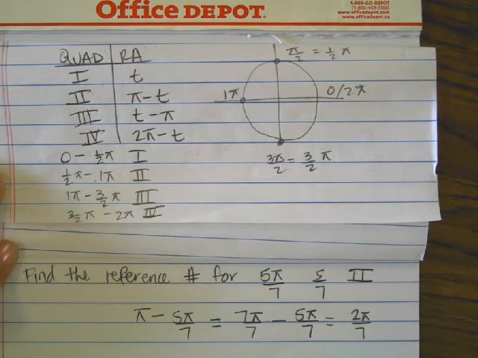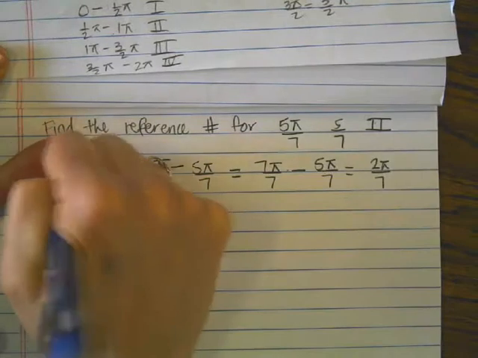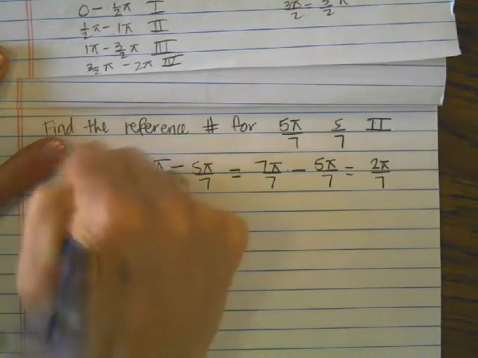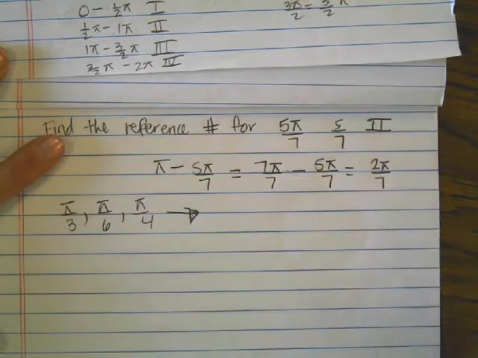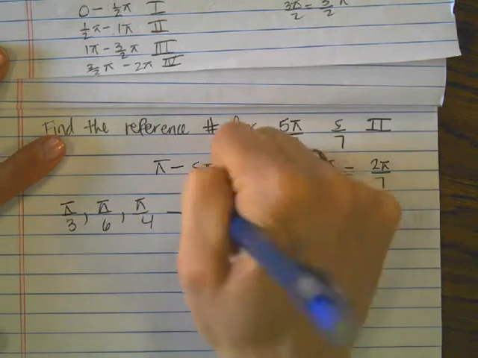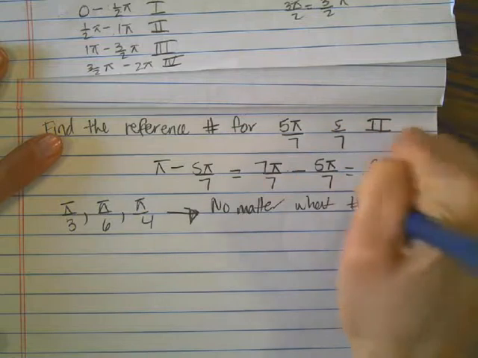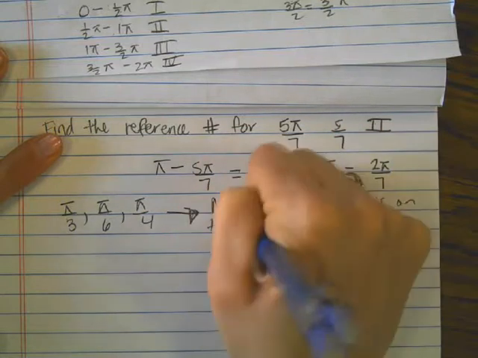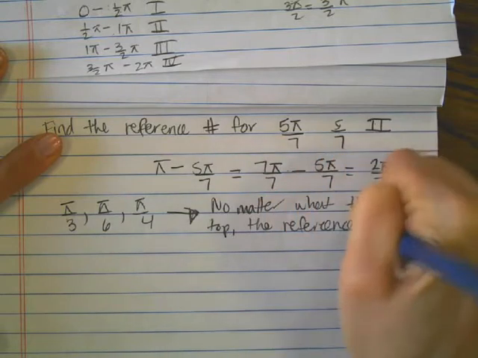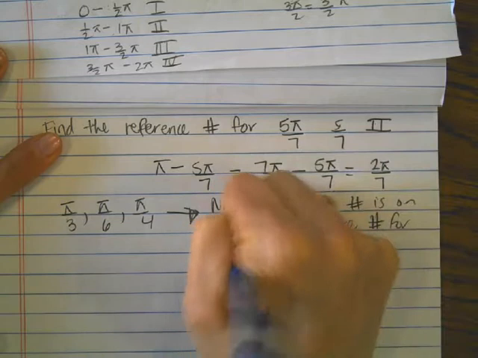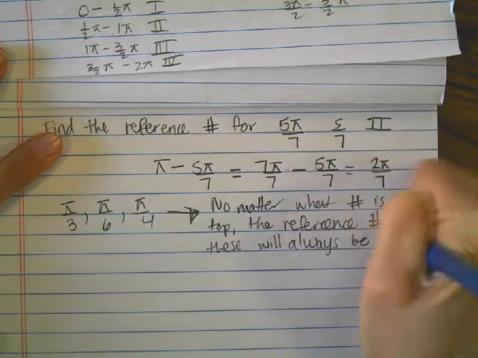Now I'm going to show you a trick too. The ones that we use all the time are pi over 3, pi over 6, and pi over 4. And there's a trick to them. It doesn't matter what number is on top. No matter what number is on top, the reference numbers for these will always be pi over the bottom number.